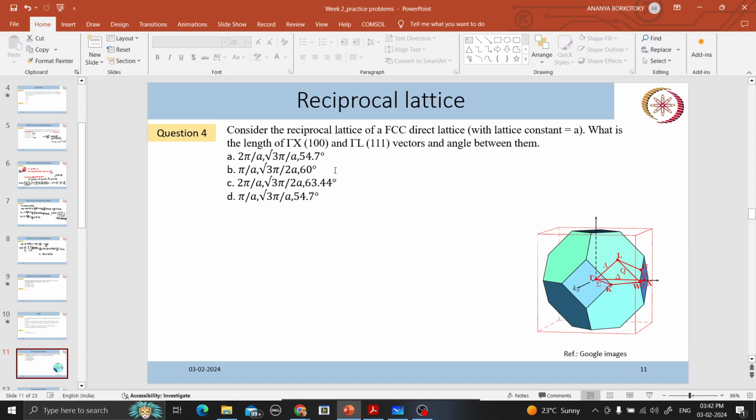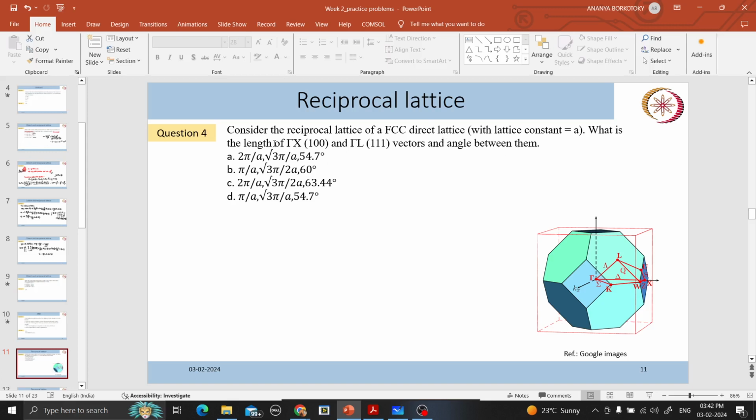In the lecture notes, the gamma, X and L points are given. Here I have also given the reciprocal lattice of FCC lattice. This is gamma, X, and the K here is actually L. Sometimes it is denoted as L and sometimes as K. So this is the same point. You can get the coordinates for these points and then calculate the distance from gamma to X and gamma to L and the angle between them.